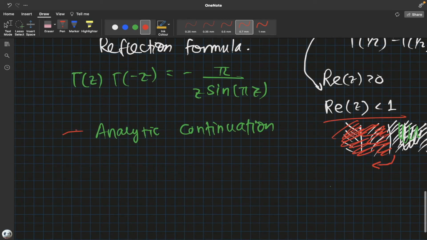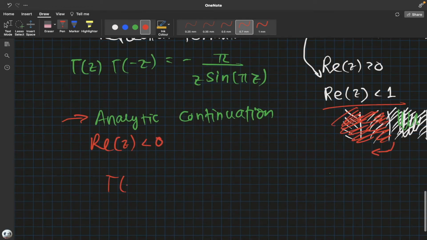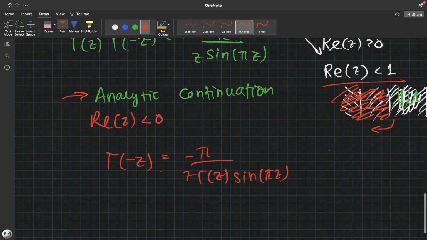There's justification for extending gamma into this region of convergence, and because of that we can find the negative values of the gamma function using this formula: minus pi over z times gamma of z sine of pi z. We can find gamma of, I believe, negative 1/2.